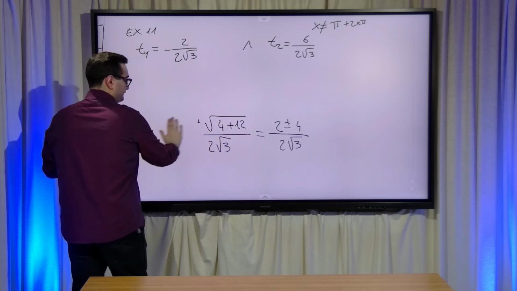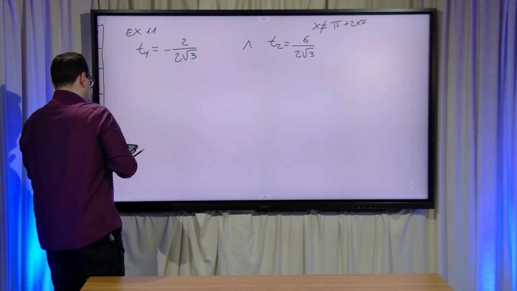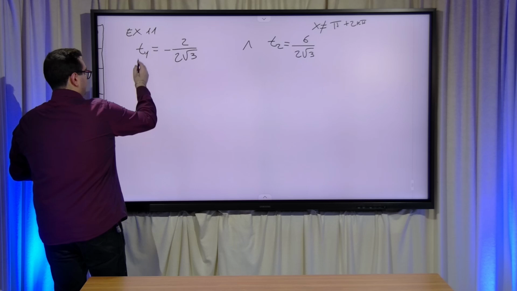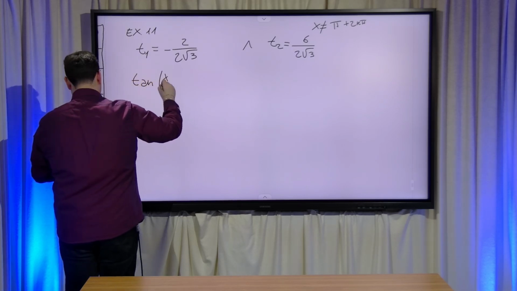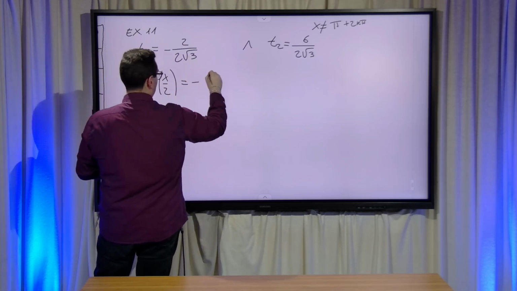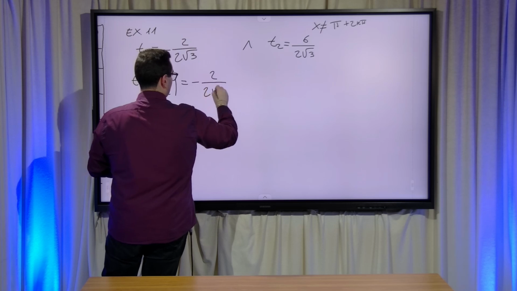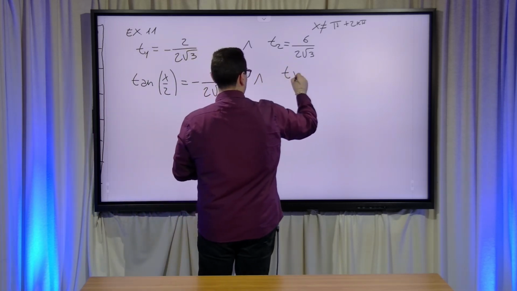Okay, so I can erase also this one. Now, let's recall that t is the tangent of x squared and is equal to this quantity. Same thing here.